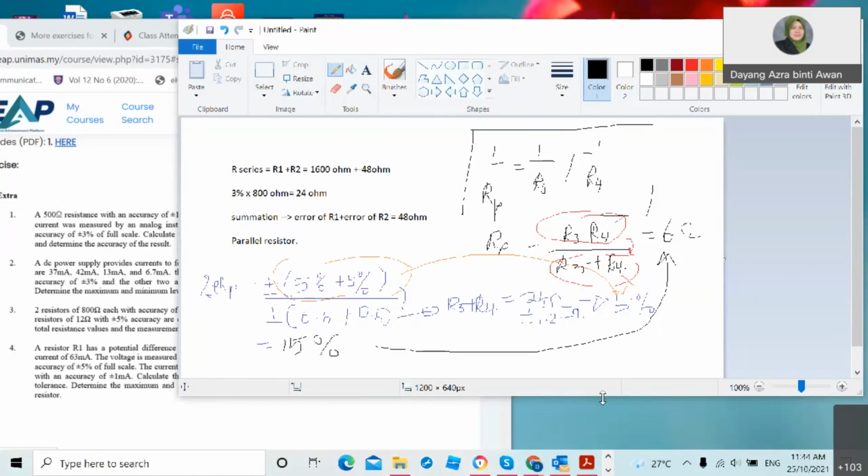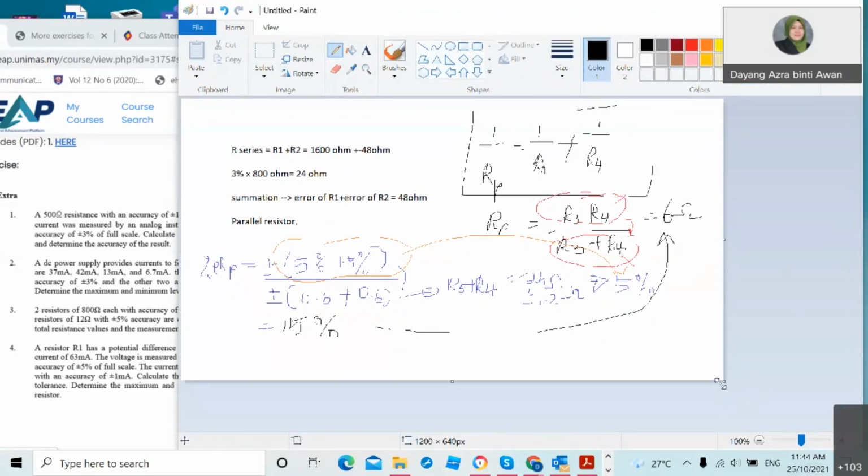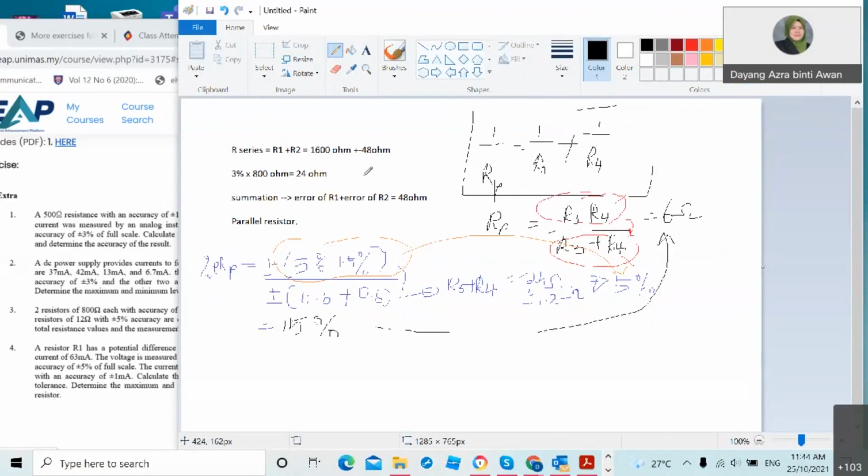Then you go back lagi to calculate the series, the parallel and also the series. You add up this one plus your series resistor, your parallel resistor. Add up all together. So you have R total is equals to 1606 ohm. And this 48 ohm, you need to maintain it.